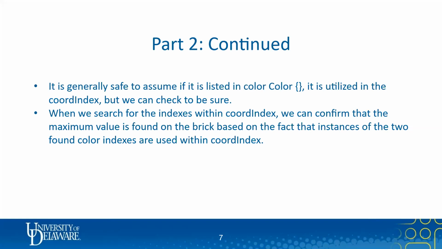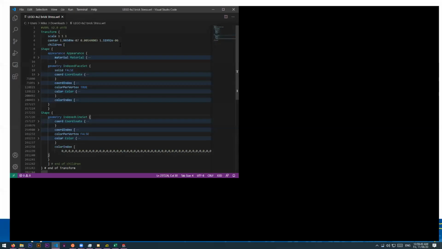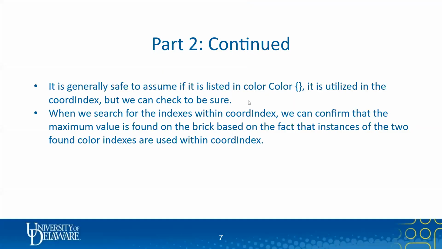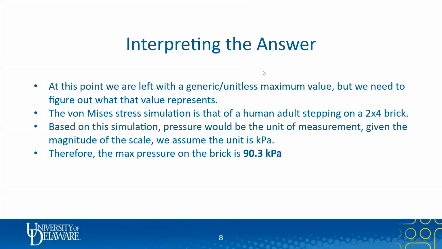The color index correlates with the coordinate index to specify what color a specific point should be. So at this point, we had verified that the specific unitless value we had seemed to be correct, but it was not entirely clear what the value should be.